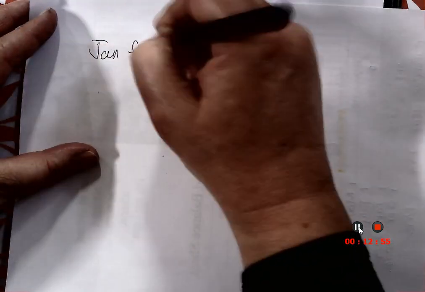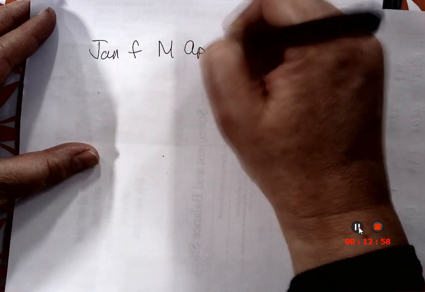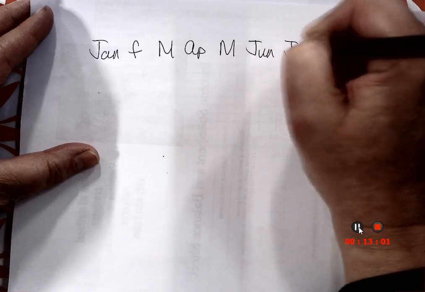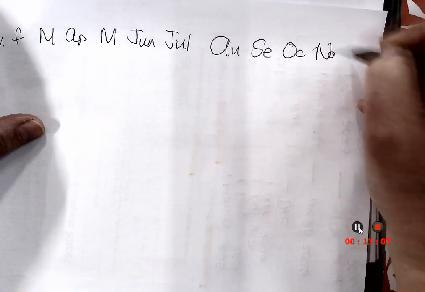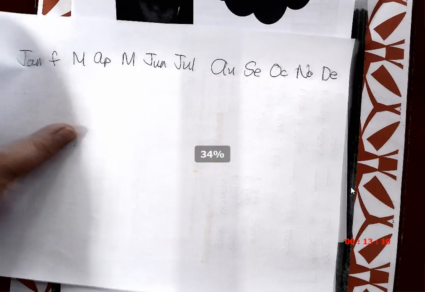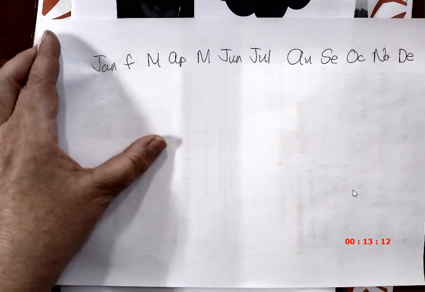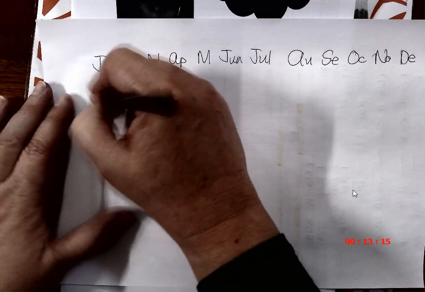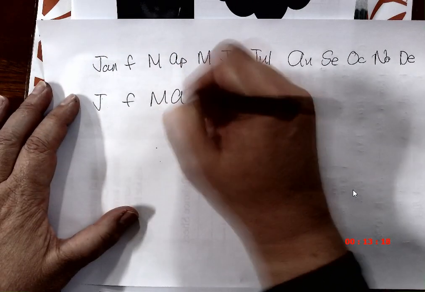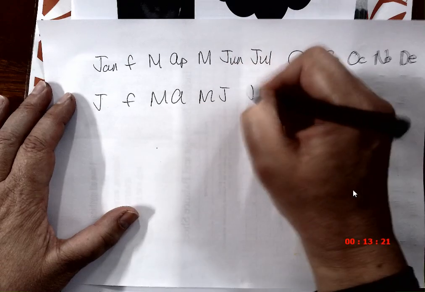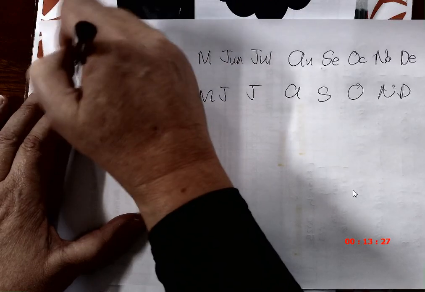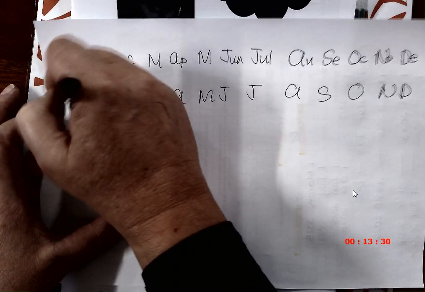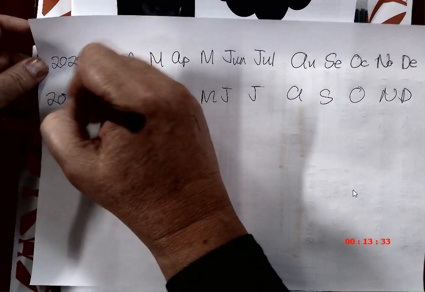Let me draw. Let's do it like this. January, February, March, April, May, June, July, August, September, October, November, December. Okay. So now, in other words, next year is again like this. Okay, so this is 2025, 2026.